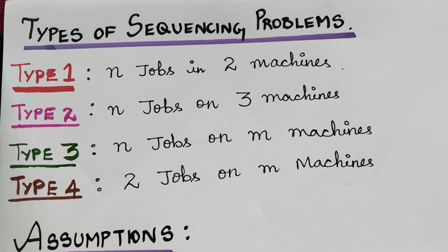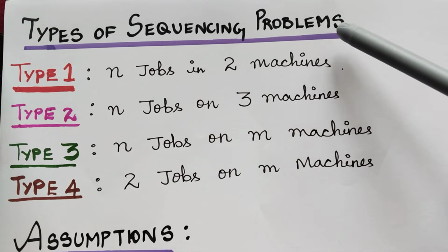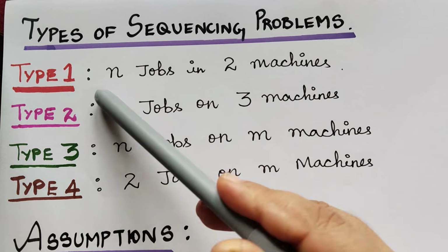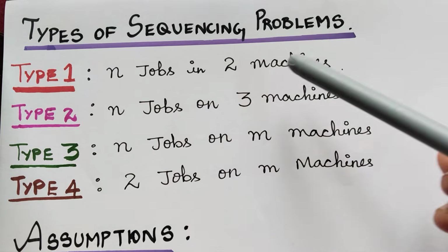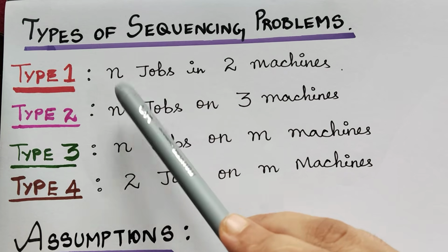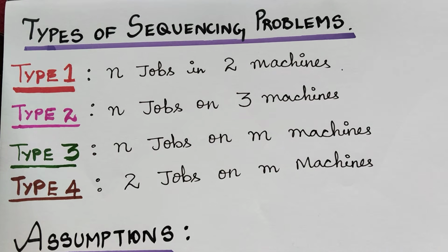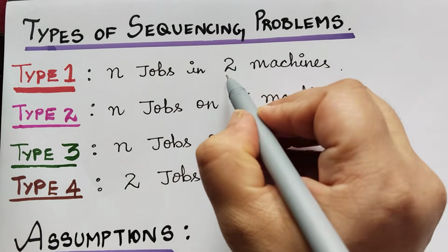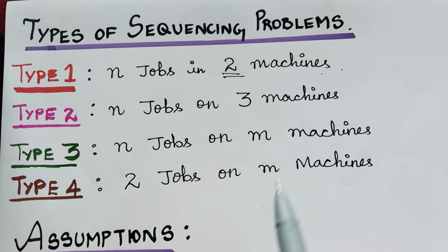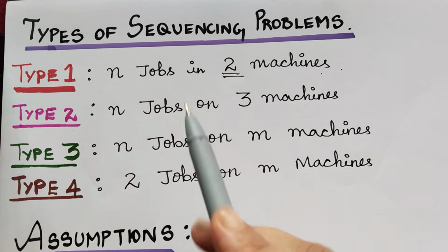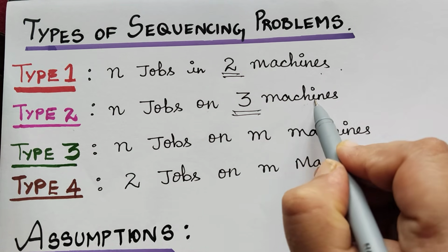Before going into total elapsed time, we shall see the types of sequencing problems that we will be dealing with in this unit. Type 1 is n jobs on 2 machines. We will have a number of jobs which have to be performed on 2 machines, so this is known as a 2 machine problem. In a similar way, n jobs on 3 machines is known as a 3 machine problem.